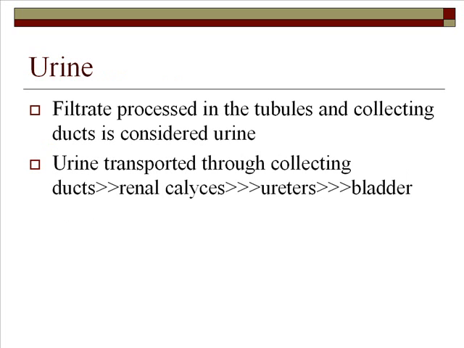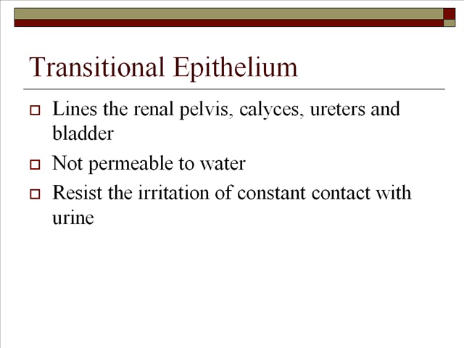Now, kidneys produce a filtrate, which we refer to as urine. This is a filtrate that's processed in the tubules and the collecting ducts of the kidneys. Urine basically is transported, and you should know the route of transport for urine goes initially through collecting ducts, the renal calyces, the ureters, and then to the urinary bladder.